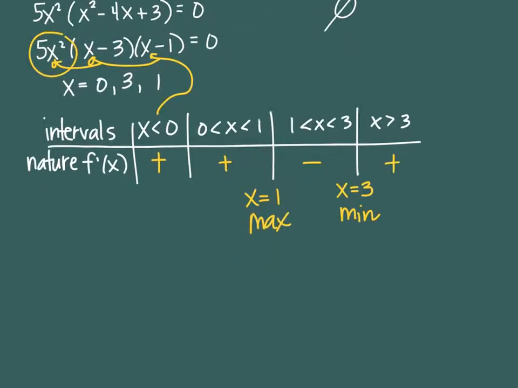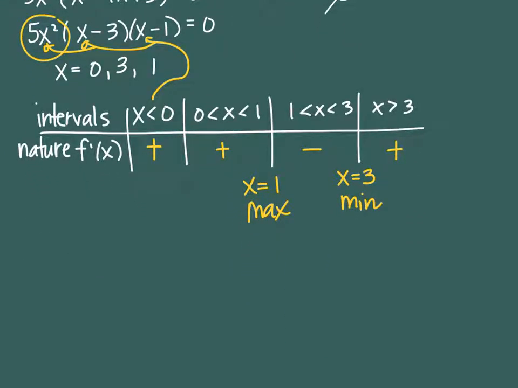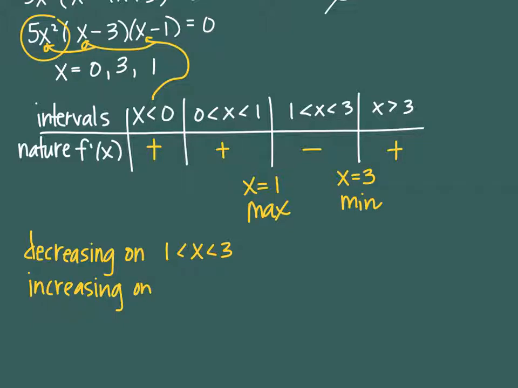And so our function, the behavior, is decreasing on 3 intervals. No, excuse me, decreasing on 1 interval. It's only decreasing between 1 and 3. It is increasing on 3 intervals. So it's increasing on the interval x less than 0, 0 to 1, and x greater than 3.